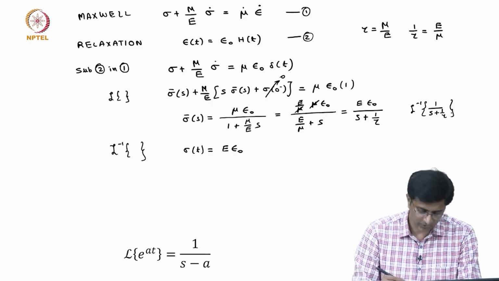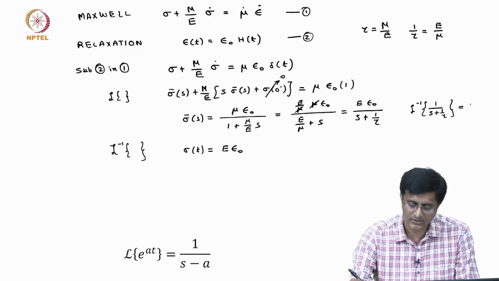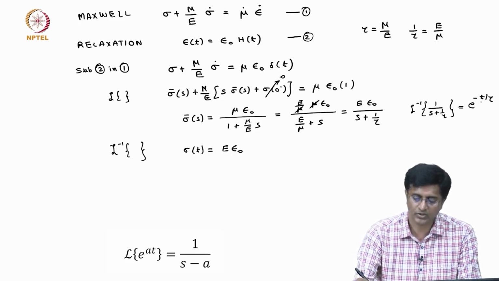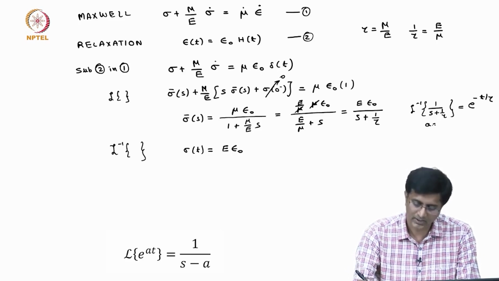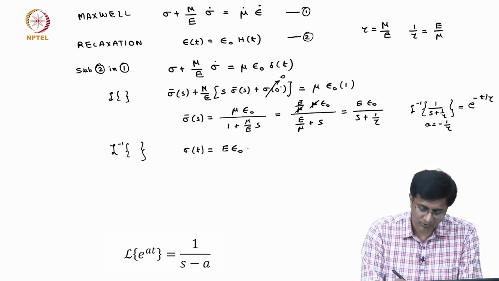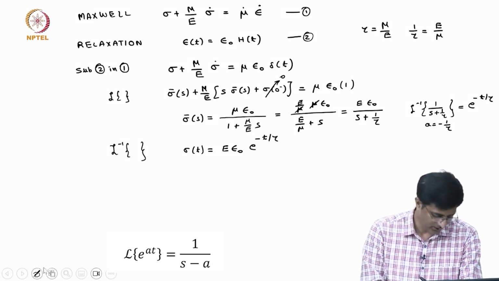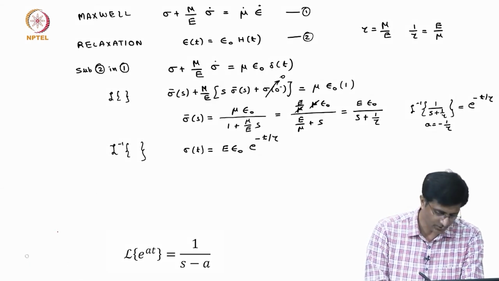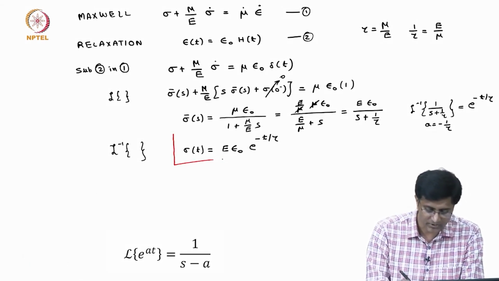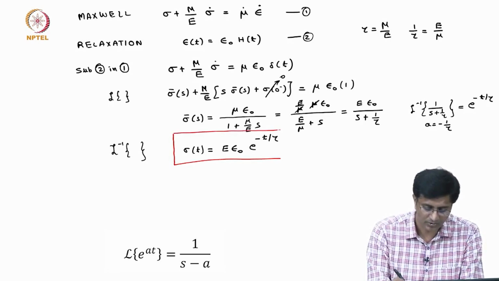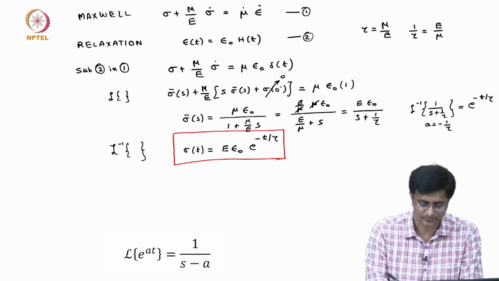Looking at the formula we gave at the bottom, this can be written as e power minus t by tau, because the constant a here is 1 by tau. So, we can write this as e power minus t by tau, which is the relaxation rate. Finally, this expression is the stress response for relaxation load if you are considering the Maxwell model.